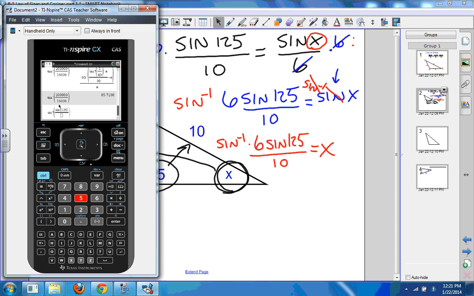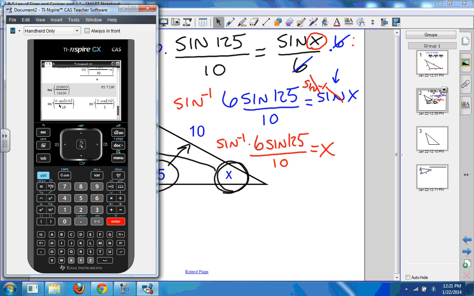Oh, I didn't get my 6 in there. 6 times the sine of 125, all over 10. And hit enter. It gives us this simplified version of that, which you guys will learn your junior year.